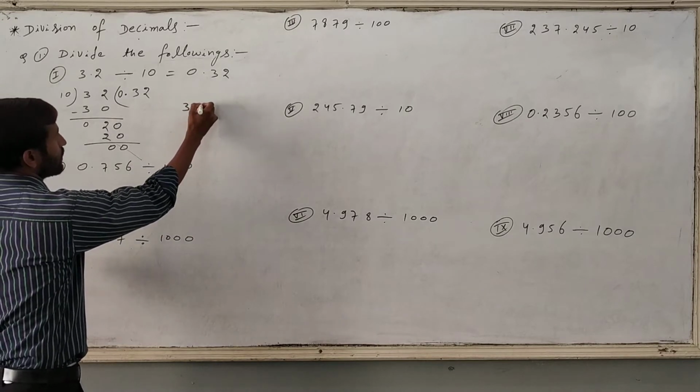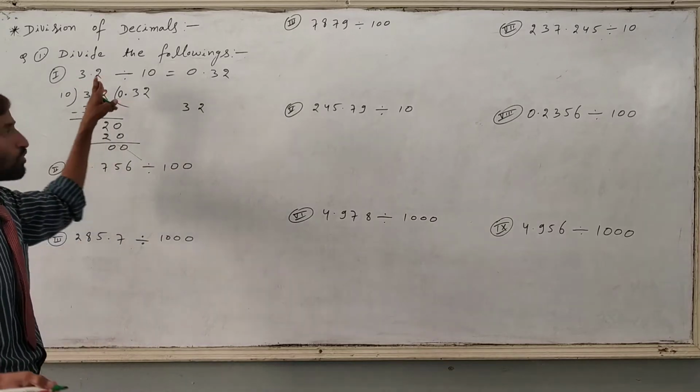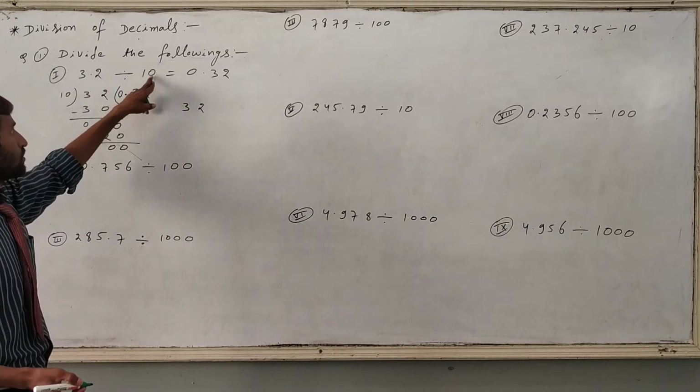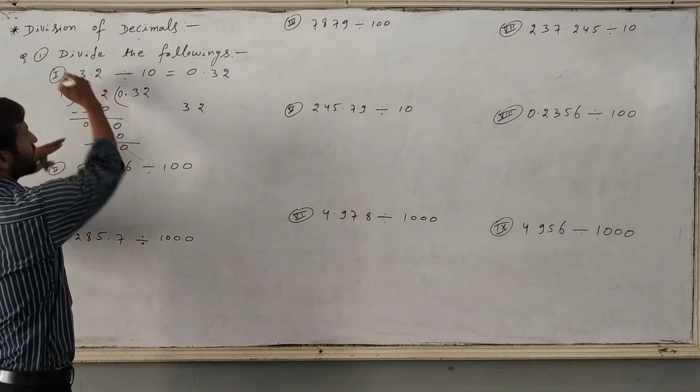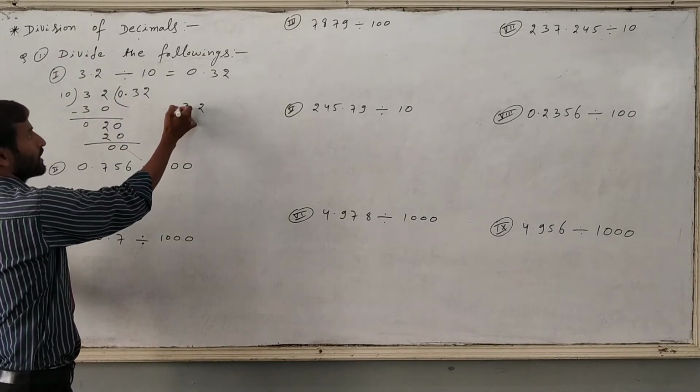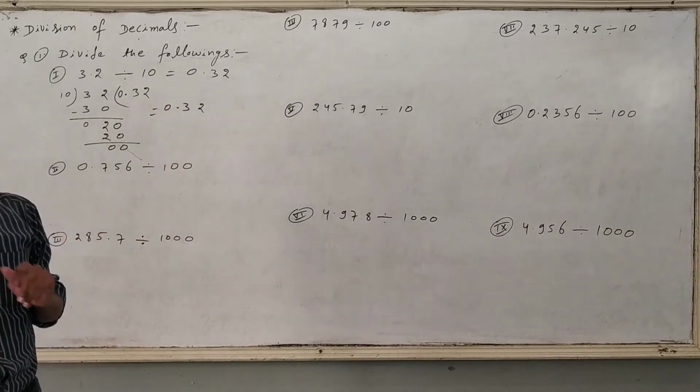Just write down 32, remove this point, and put the decimal point again. So this is the direct answer, 0.32.